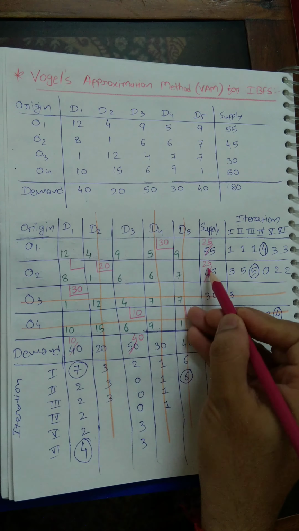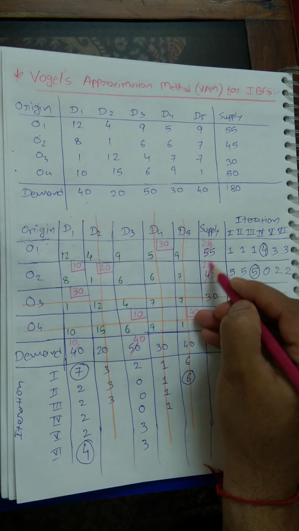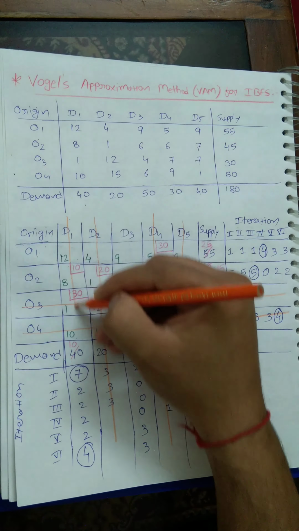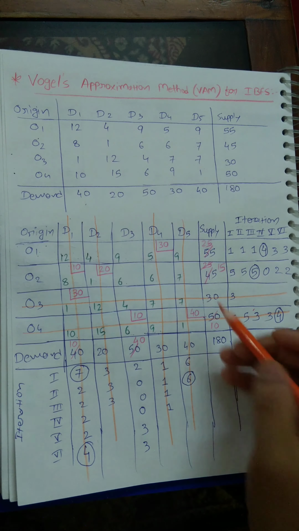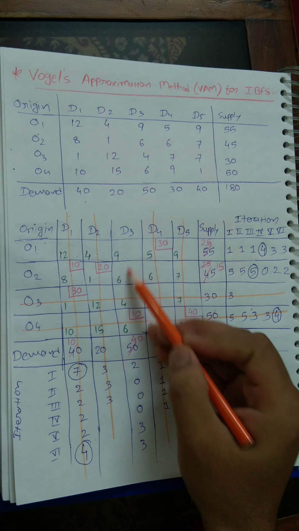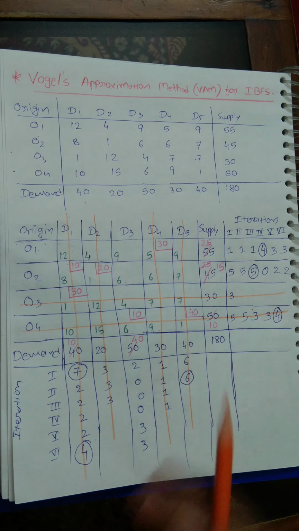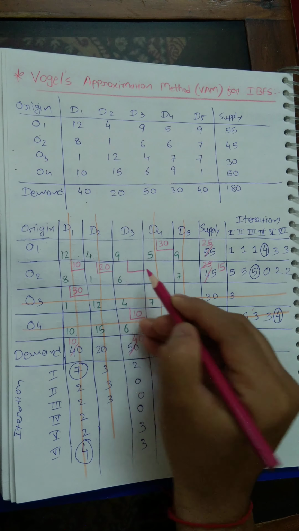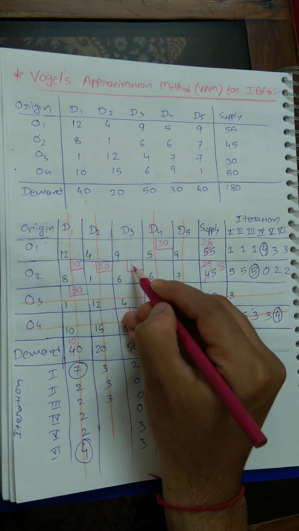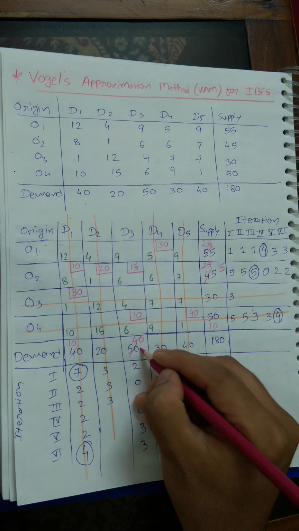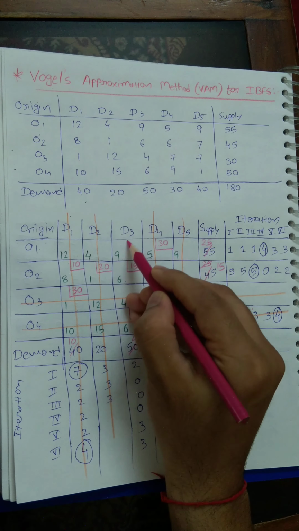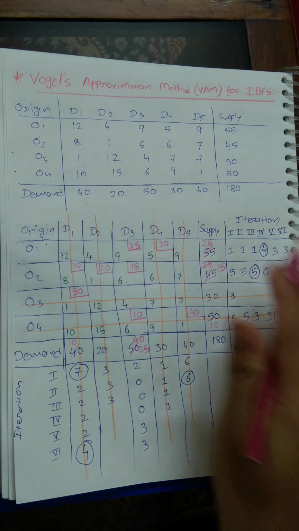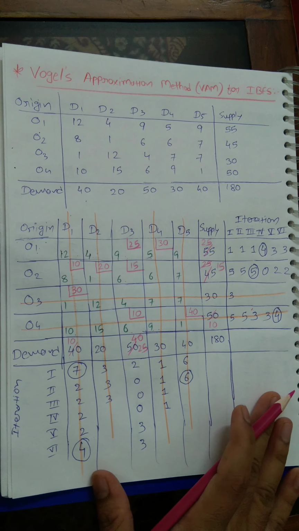The allocation will be 10, so the remaining value is 15. Finally only two cells are left, so there is no need for further iteration. You can simply write the allocations, first 6 and then 9. After the allocation of 15 units, the remaining units are 25, and finally you can see 25 and 25 match, and that must be the same value, right? For the final cell, supply and demand must be the same.